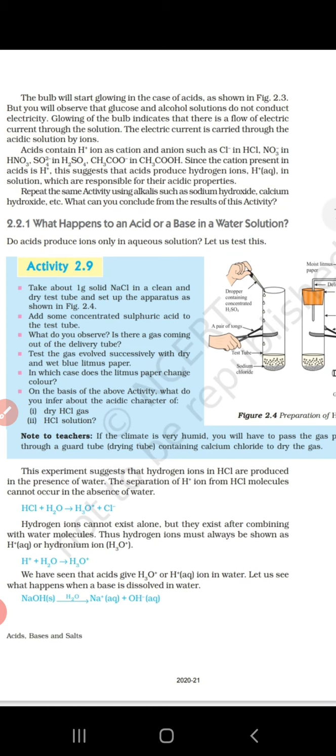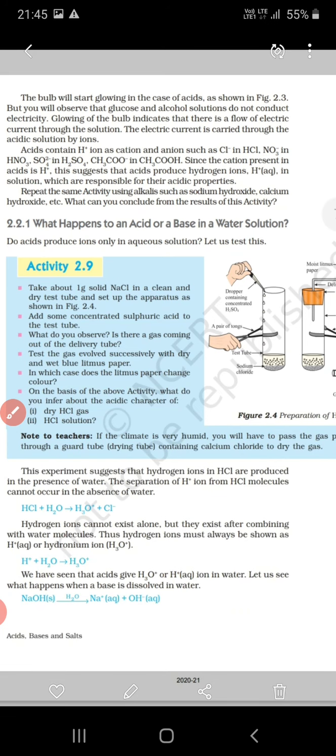See here, the bulb will start glowing in the case of acid. When we add acid HCl, the bulb will start glowing. But what you will observe is that glucose and alcohol solutions do not conduct electricity.